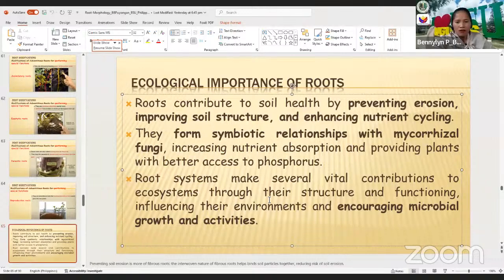Root systems make several vital contributions to the ecosystem through their structure and functioning, influencing the environment and encouraging microbial growth and activities. These microbial growth and activities are important in degrading the nutrients and making the nutrients available for plant uptake.